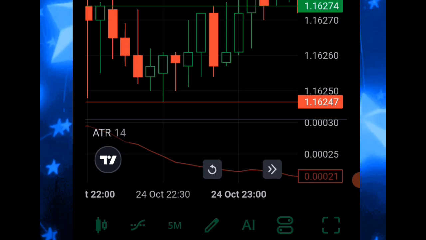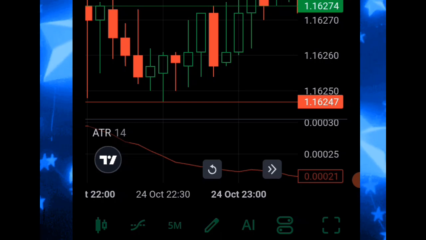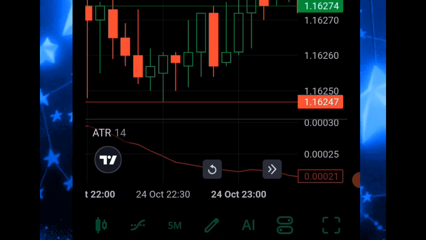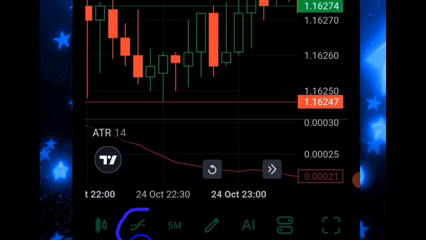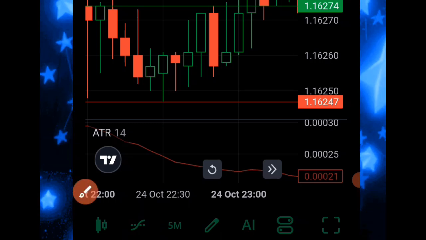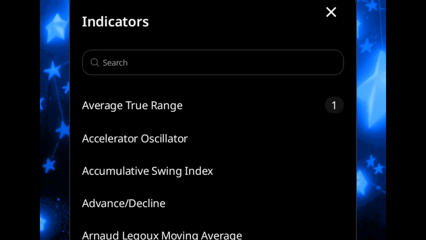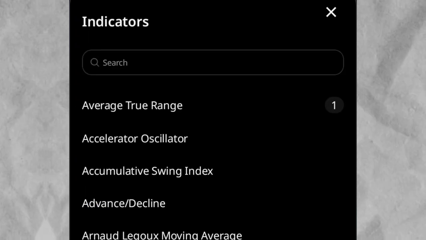If you want to add an indicator on FBS, you come down here, this one. Then once you have come there, it is going to bring a range of indicators. We have average true range, accelerator oscillator, accumulative swing index, advanced.